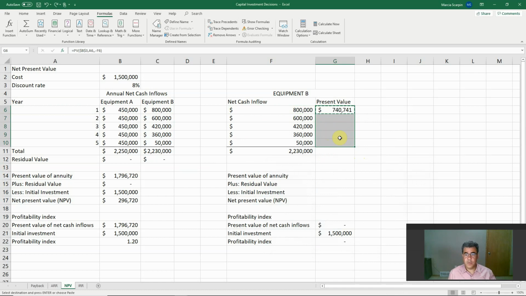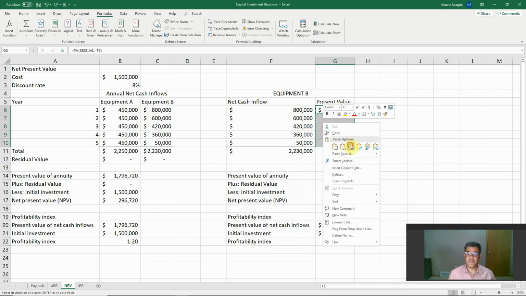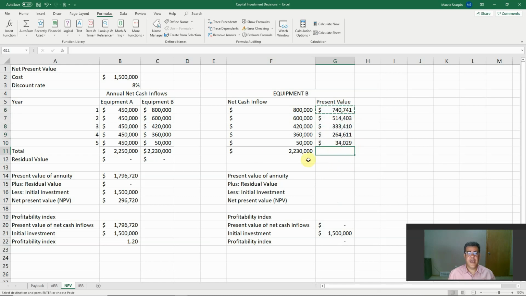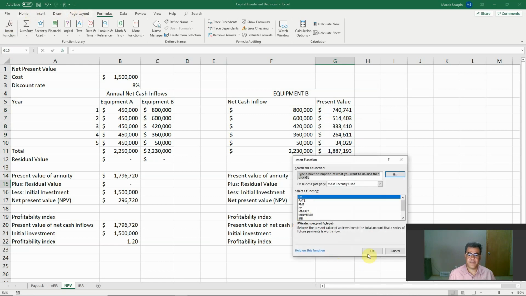We have a problem here. Let's paste the formulas, and then let's sum it. Now this is our present value. For the residual value, we work with the present value of the residual value again.